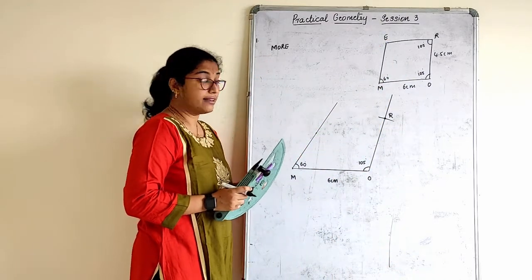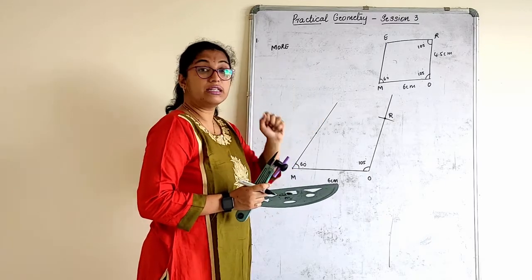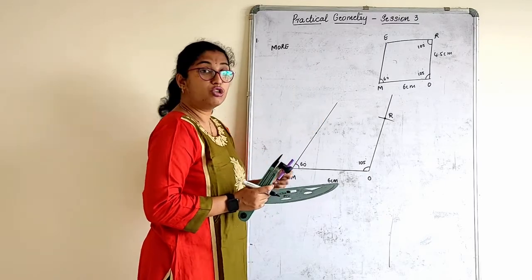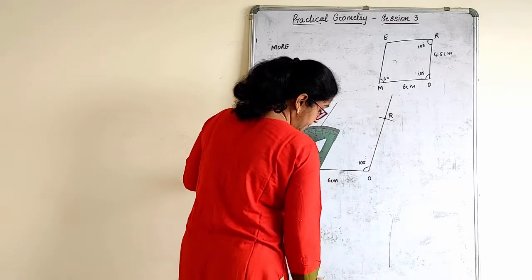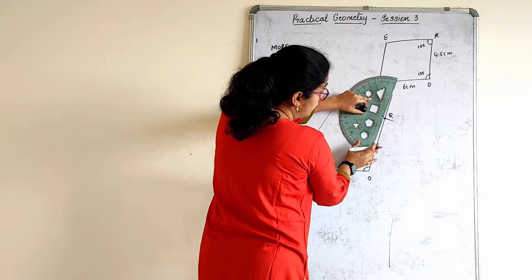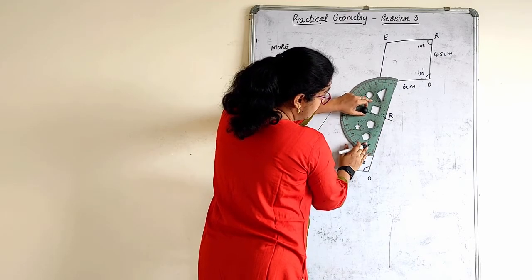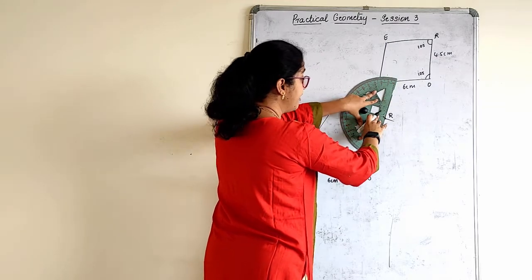Right? Next, what is the angle at R here? 105 degree again, because now we don't know where to cut this point E, but we know the angle at point R. How should we construct now? Keep your protractor in such a way that the center point coincides with your protractor point and the line along with the protractor line. 105, children.